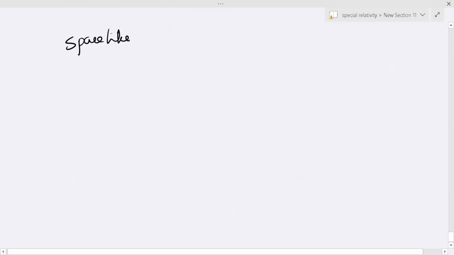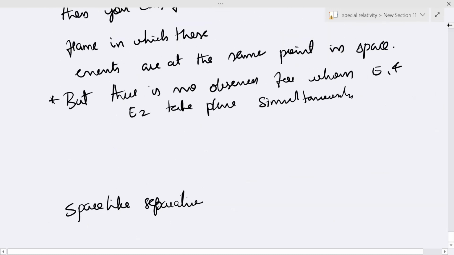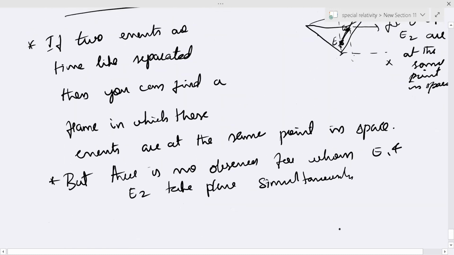Let's look at space-like separation. One more thing I missed. If an event A is there and you have a future light cone, this is the future light cone of A. These are events that can in principle be influenced by A, because information can be passed from A to any event in the future light cone.